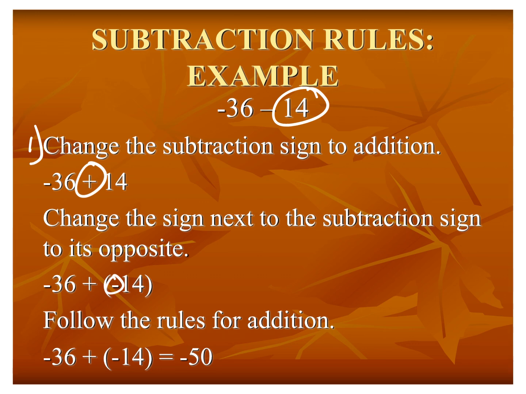And then now we follow the rules for addition. -36 plus -14, they have the same sign. So when we're adding integers with the same sign, we add normally and we keep the sign. So we do 36 plus 14, that gets you 50. And since they're both negative, our final answer is going to have a negative in front. So -50 is our answer.